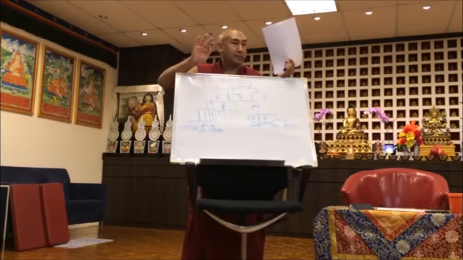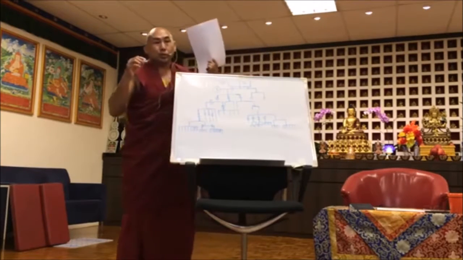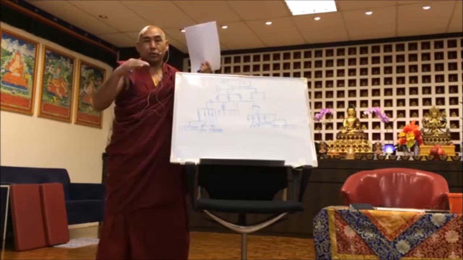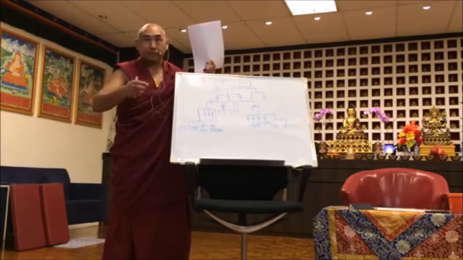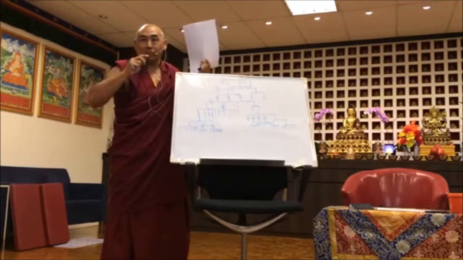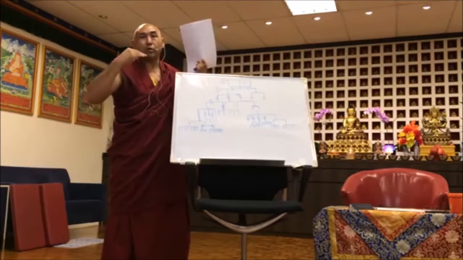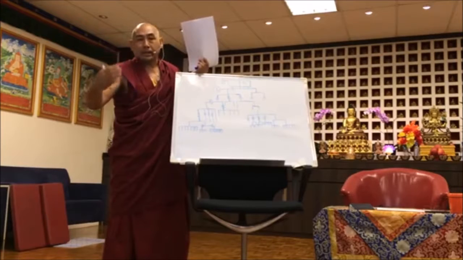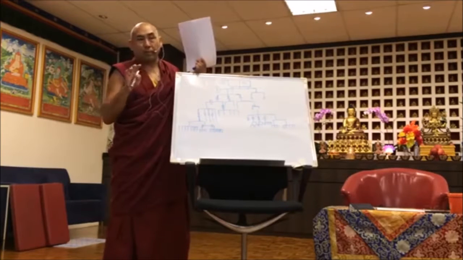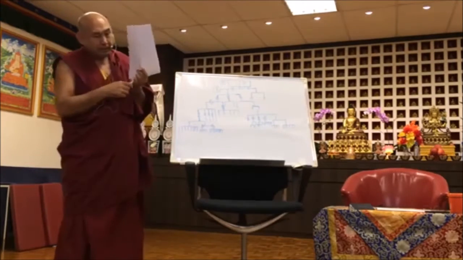What are the 4 elements? Earth, water, fire, and air. We are not really talking about the gross level, the water we can drink or the fire that can burn us. We are talking about a more subtle level of the 4 elements.